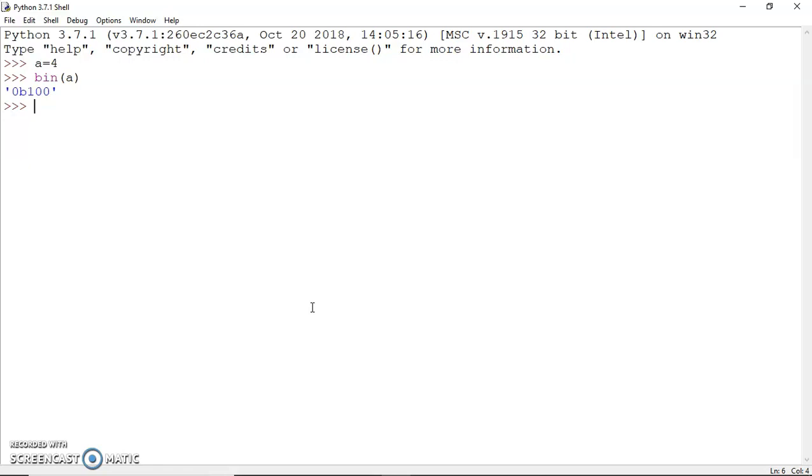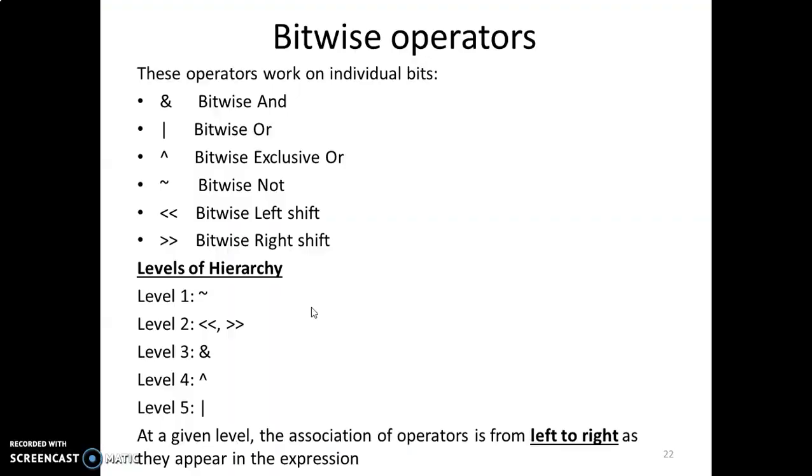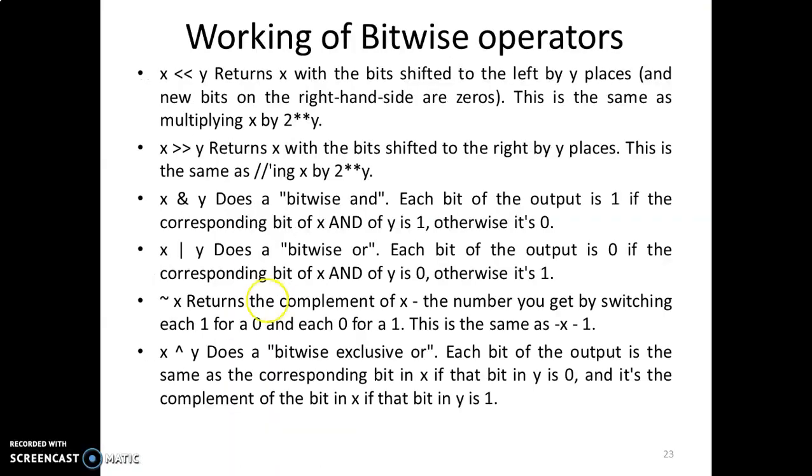Okay, and this bitwise AND, if we see what it does, it does a bitwise AND. Each bit of the output is 1 if the corresponding bit of X and of Y is 1. Otherwise, it's 0. In other words, you've studied logic gates in your plus 1 and plus 2.